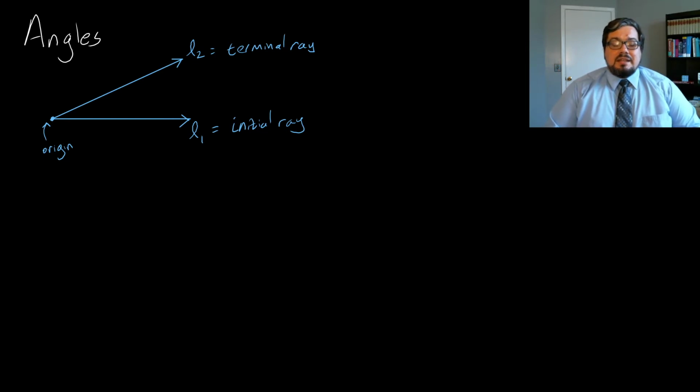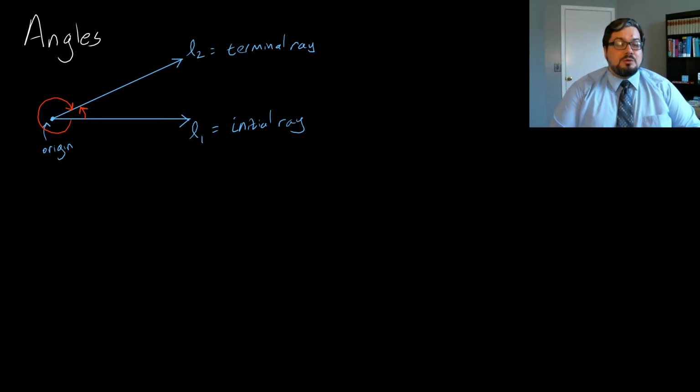And we can see that there are many ways that we can do this. We could do this by, say in this case, rotating counterclockwise around from L1 to L2. On the other hand, we could try rotating counterclockwise and going almost all the way around in a circle before arriving at the terminal ray.